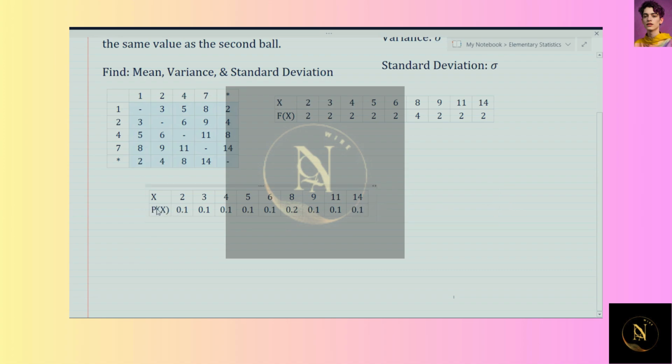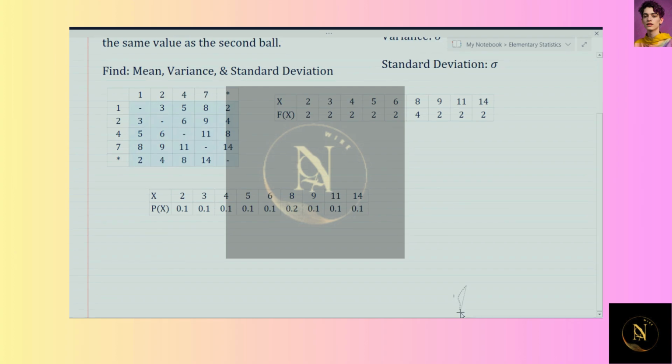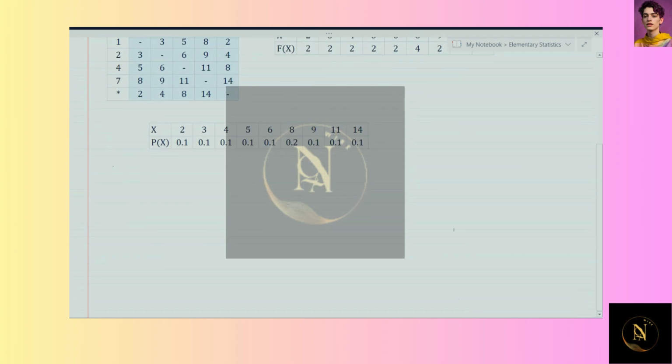Let's change that to a P. Here we go. Now we can calculate our mean, variance, and standard deviation. Let me scroll down just a little bit here, and let's find our mean first.